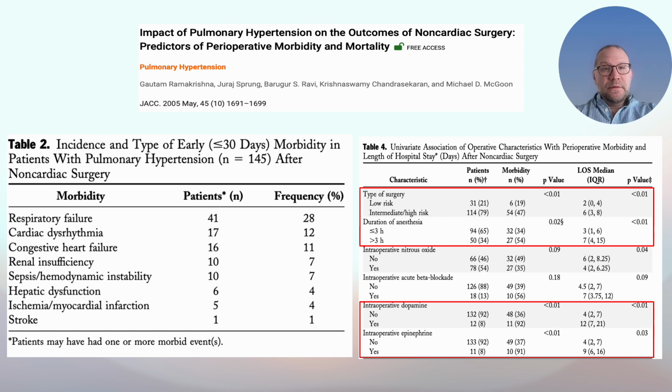Then they analyzed these with certain operative characteristics for morbidity and length of stay. You can see that high-risk surgery, the duration of anesthesia, and intraoperative vasopressors, specifically dopamine and epinephrine, were associated with elevated perioperative morbidity.